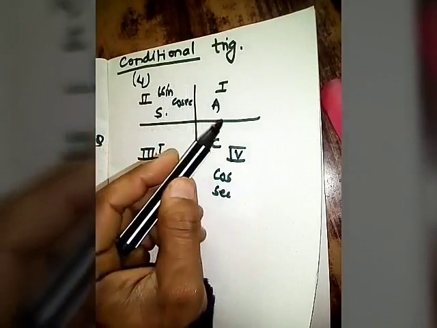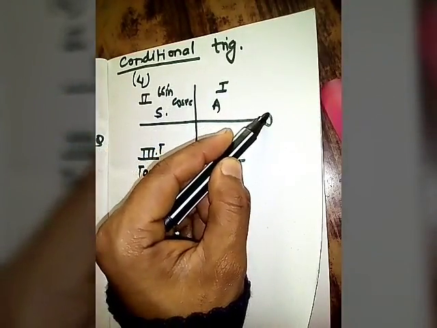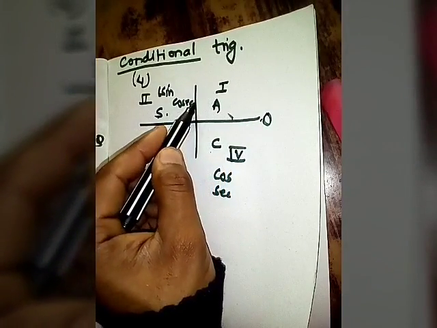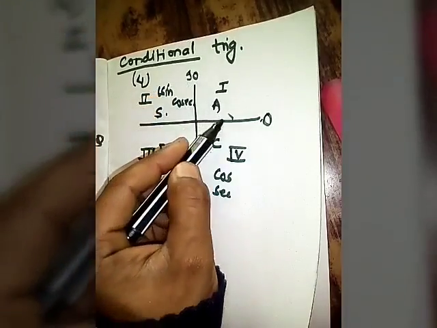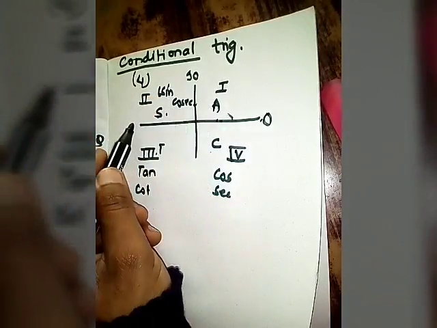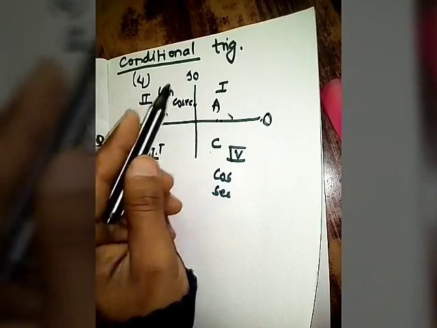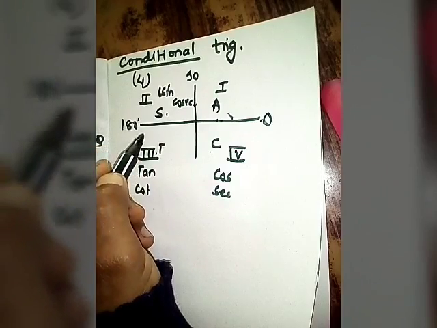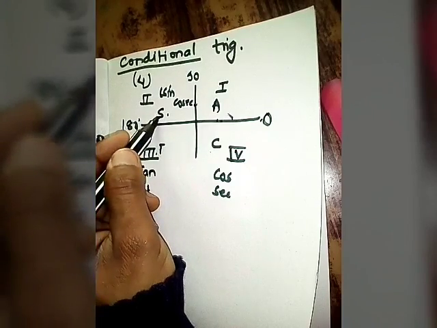Furthermore, we have to talk about which angles lie in the first, second, third and fourth quadrants. If we start this line with 0 degree, the angle that lies between 0 to 90 degree belongs to the first quadrant. The angle that lies between 90 and 180 degree lies in the second quadrant.